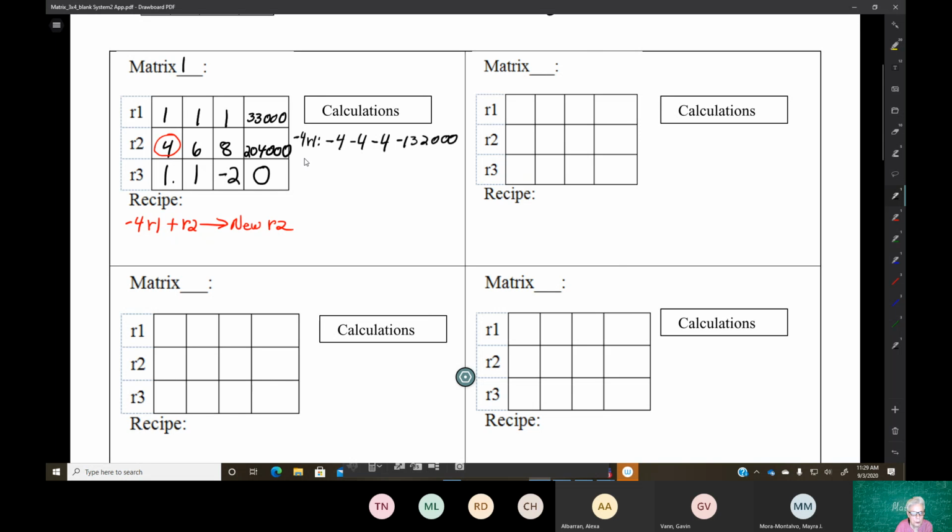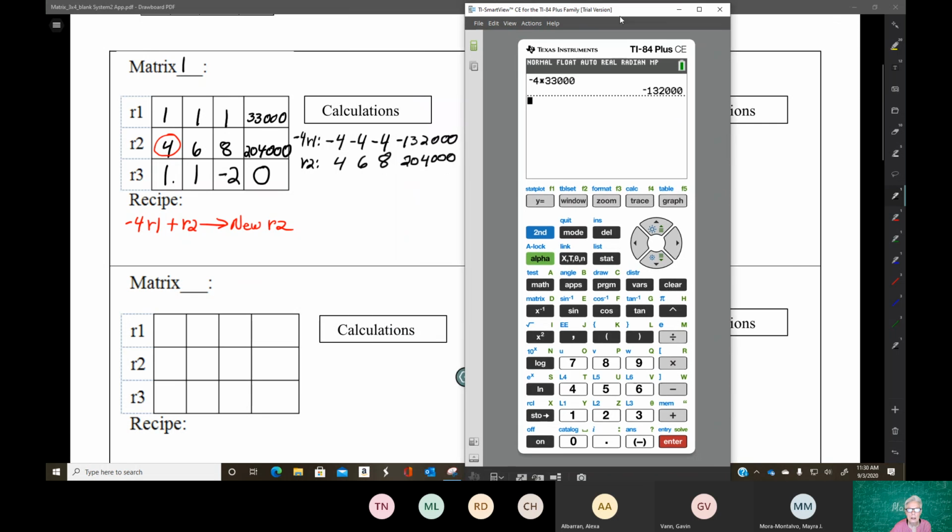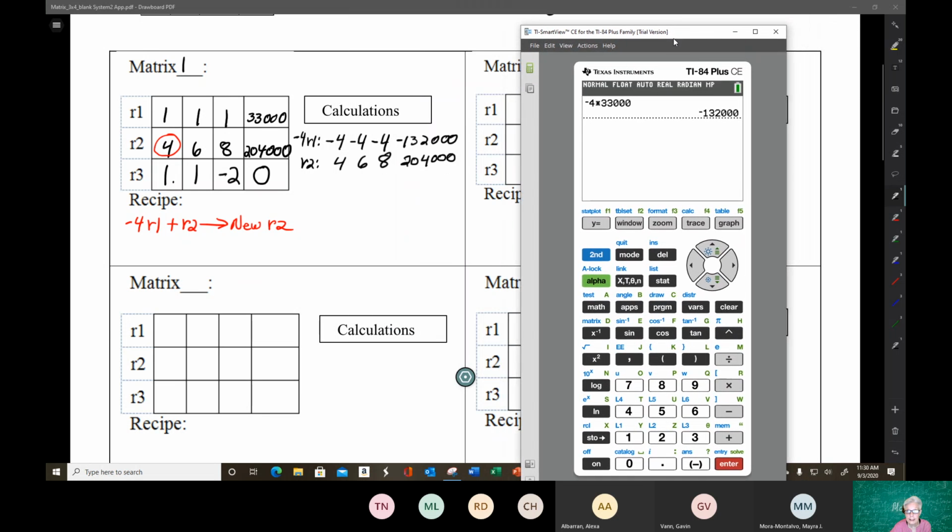All right, meanwhile, row 2 is going to stay just the way it is. 4, 6, 8, 204,000. Calculator, come back. There it is. You ran away. Naughty. I would too, looking at these numbers.